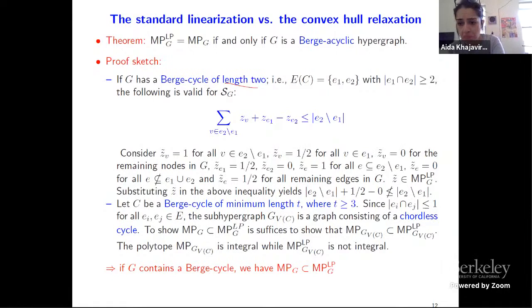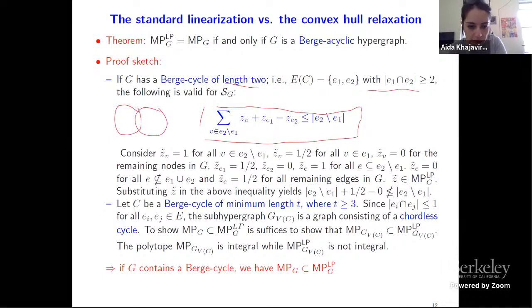So in this case, I use the technique that I discussed before. We first give an inequality which we claim is valid for the multilinear set. Why is it valid? Well, maybe I draw the associated hypergraph. So it looks like this.